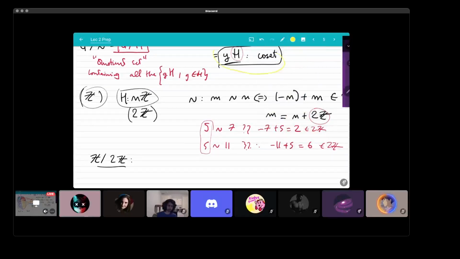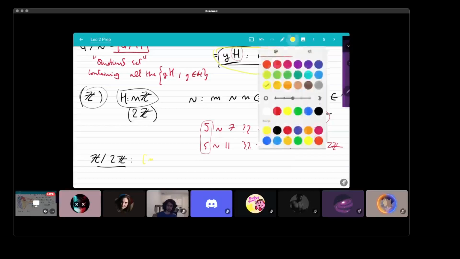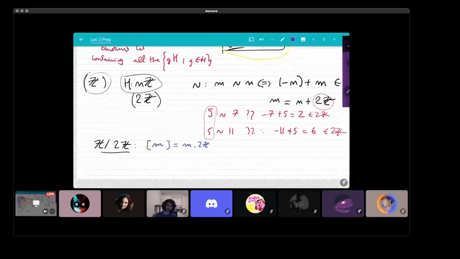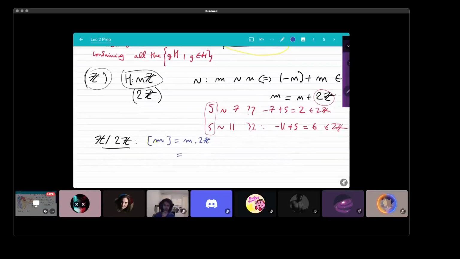So if I take a random integer m, its coset would be m plus 2Z. Is this correct? Yeah. It will be, well, also all integers of the same parity.